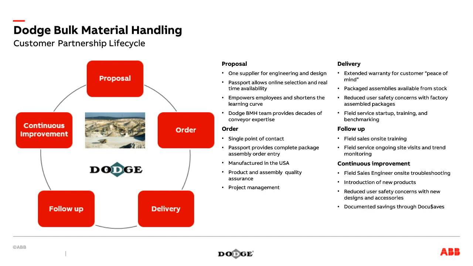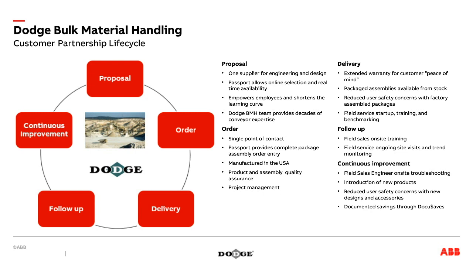As I mentioned, with an extensive network of field sales engineers across North America, you have all the ongoing local support that you may need as situations or training requirements come up.